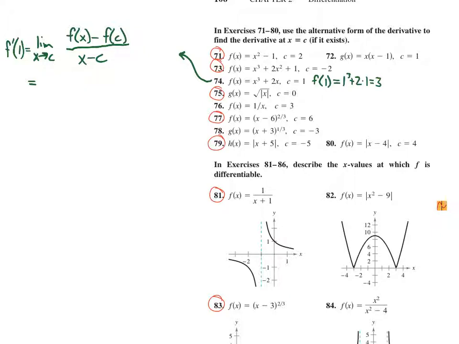So notice here, we're doing the limit as x approaches 1, and we have x minus 1 on the bottom. f of x is x cubed plus 2x, and we're going to subtract f of c, which is 3.